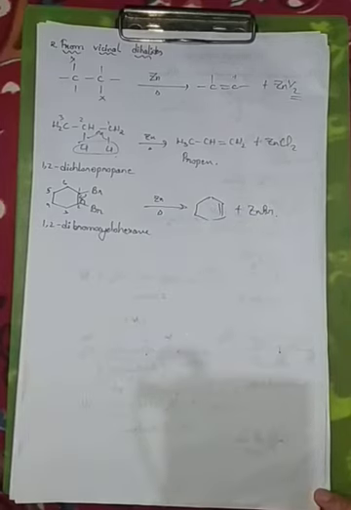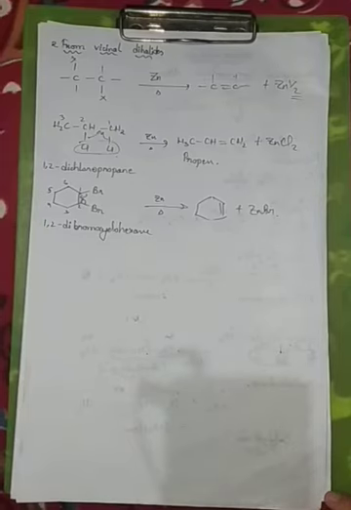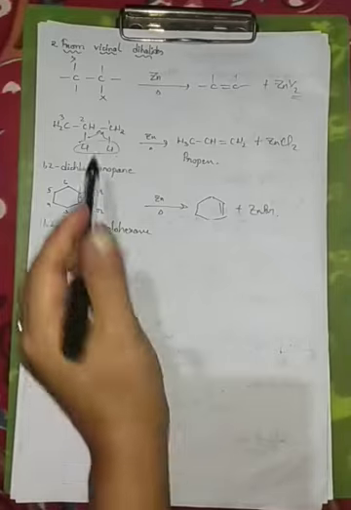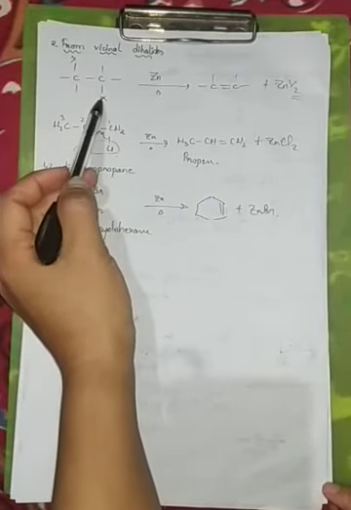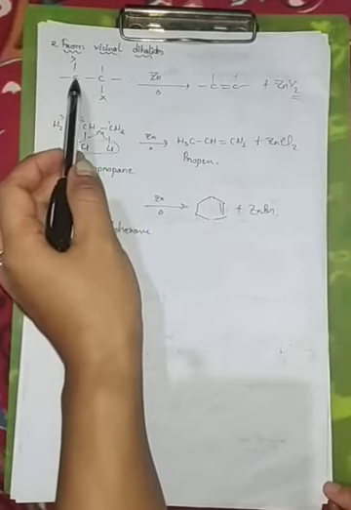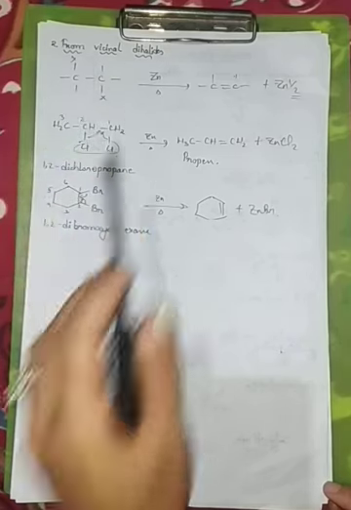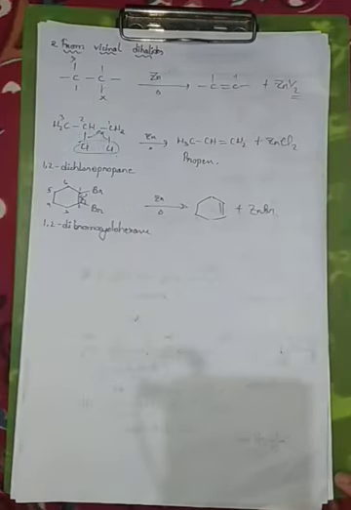Therefore, this is the preparation of alkenes from vicinal dihalides, where the two halogen atoms are bonded to carbon atoms adjacent to each other. Now in the next video, I'll be discussing the remaining two preparation methods of alkenes.